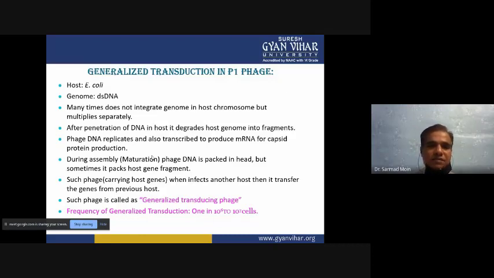Because they are not integrating in a specific site of the host genome, they will multiply many times. When they penetrate the DNA into the host, it degrades the host genome into fragments, and the phage replicates and also transcribes to produce mRNA for the capsid and protein production.